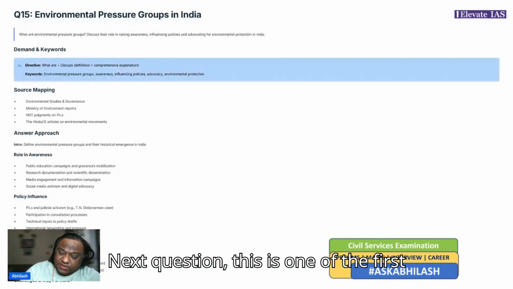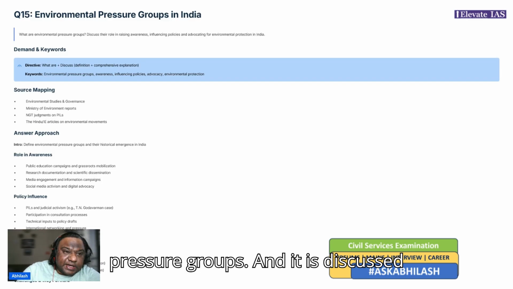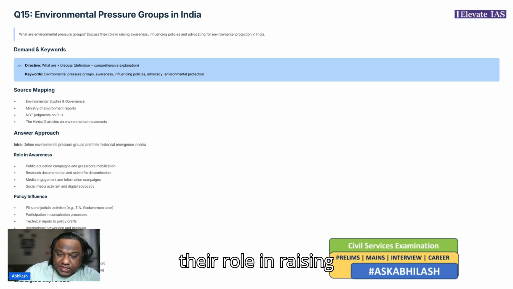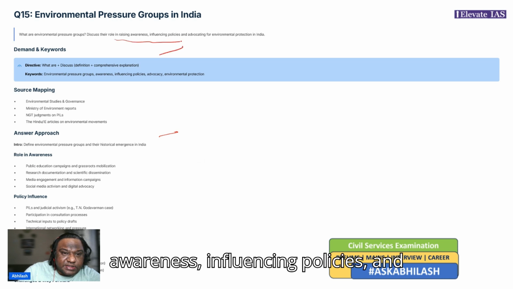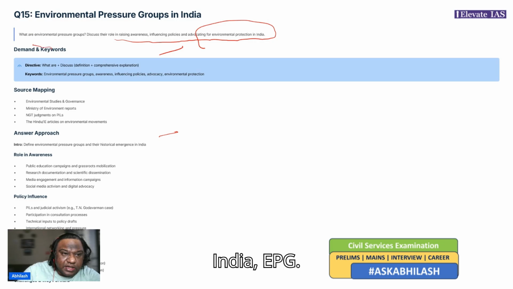Next question, it is one of the first-time type of question. Environmental pressure groups: discuss their role in raising awareness, influencing policies, and advocating environmental protection in India.